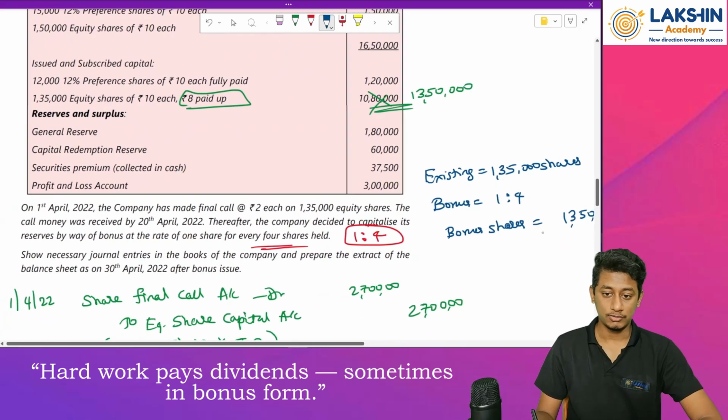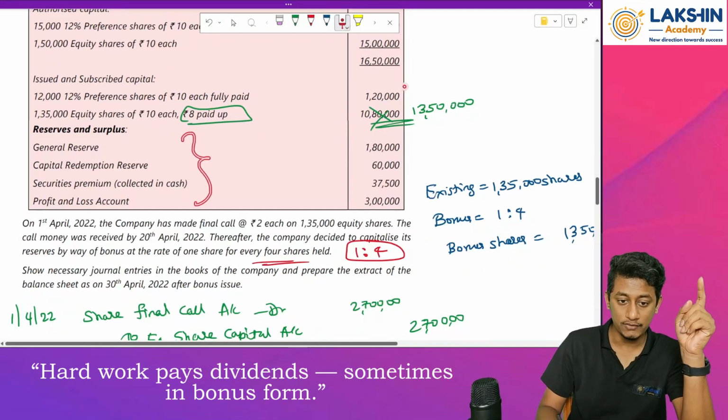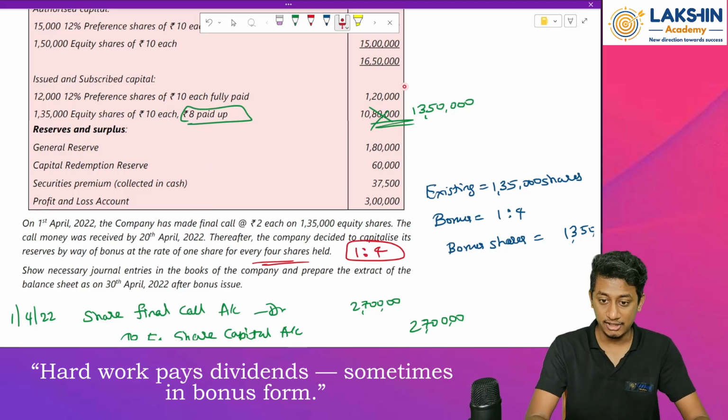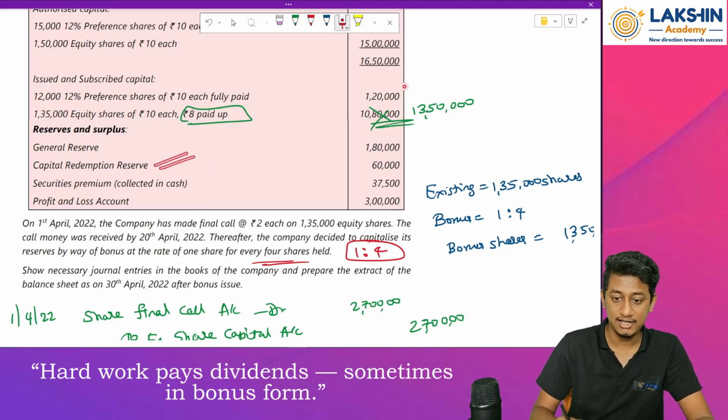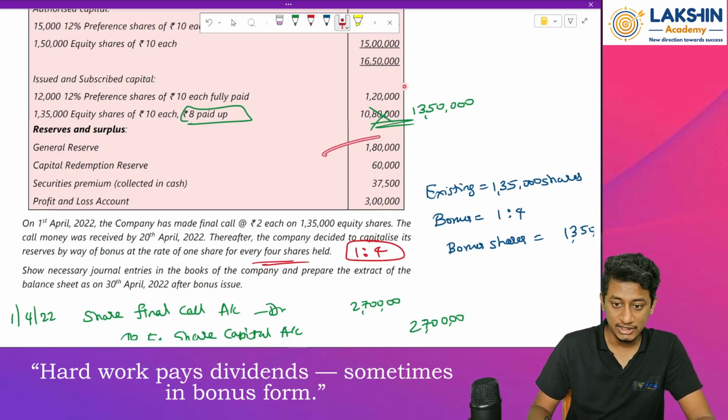Right. So do we have sufficient reserves over here? First, what to use? Out of all this, we will use securities premium first. So write down 37,500 plus. Then we will use CRR, so 60,000 next plus. Then what else? I can use general reserve, so plus 1,80,000. It is 2,77,500 for now.